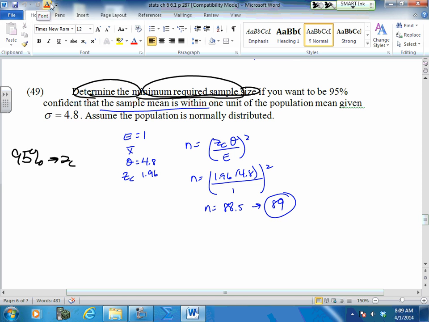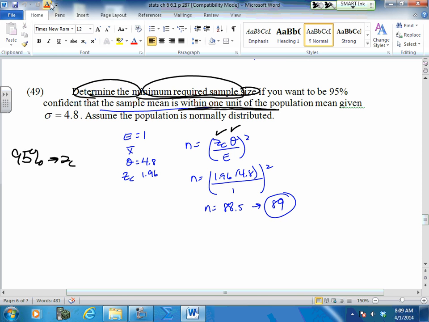So we knew it was 1.96. You assume your population is normally distributed with a standard deviation of 4.8. There's your 4.8. And look for your margin of error. It usually says within. There's your within, 1 unit. So your margin of error is 1.